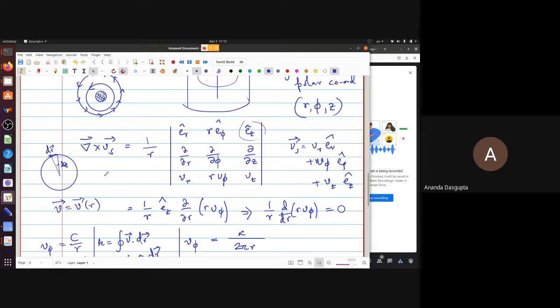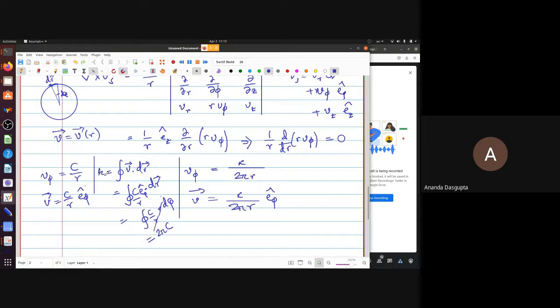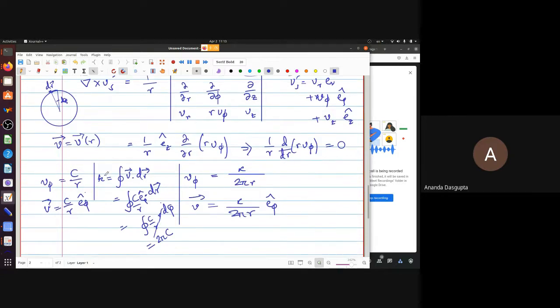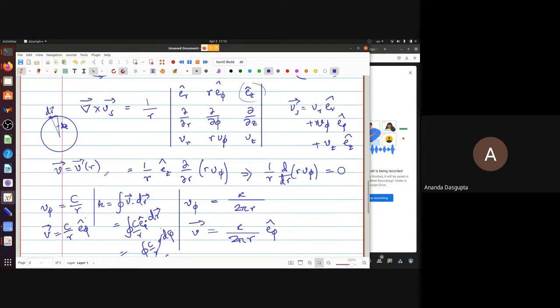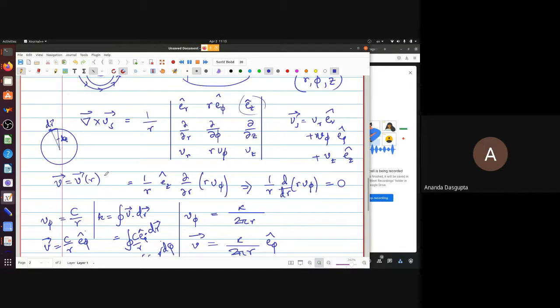Stokes theorem, nothing much more you can do about it, right? But here you are getting a circulation. Kappa is 2 pi C. So there is a non-zero flow and there is a circulation. So how can you get a non-zero circulation if curl of Vs is 0 everywhere?